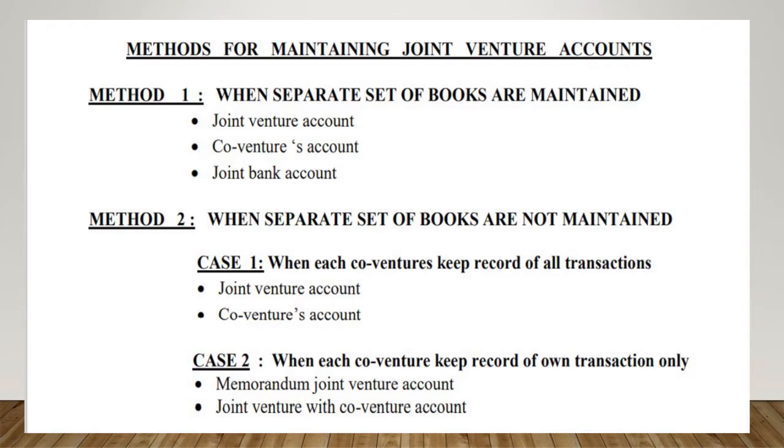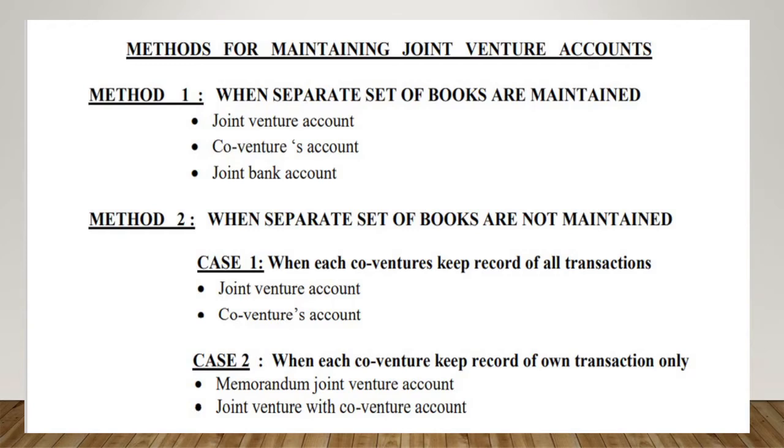When a separate set of books is not maintained, we have to prepare the joint venture account and co-venturers' personal accounts. Then we'll close that one. When each co-venturer records his own transactions and a separate set of books is not maintained, there are two methods.